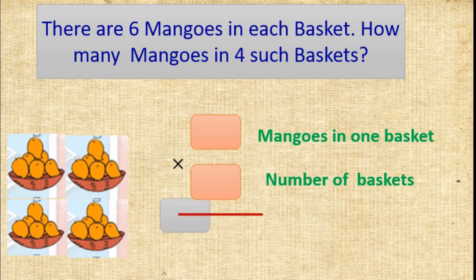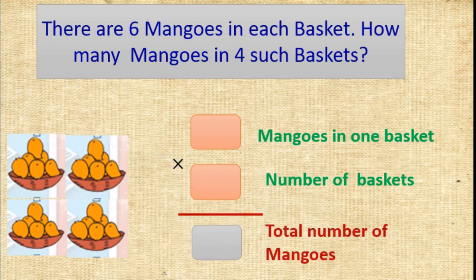Then we will get total number of mangoes, isn't it? Okay, then how many mangoes are there in one basket? 6. It is given, correct? And how many baskets are there? 4, right? Again we will go for 6 times table, that is 6 4s are 24. So there are 24 mangoes in 4 baskets, isn't it?